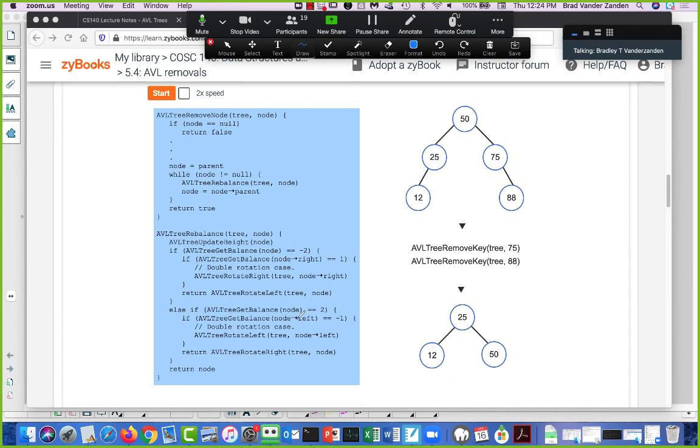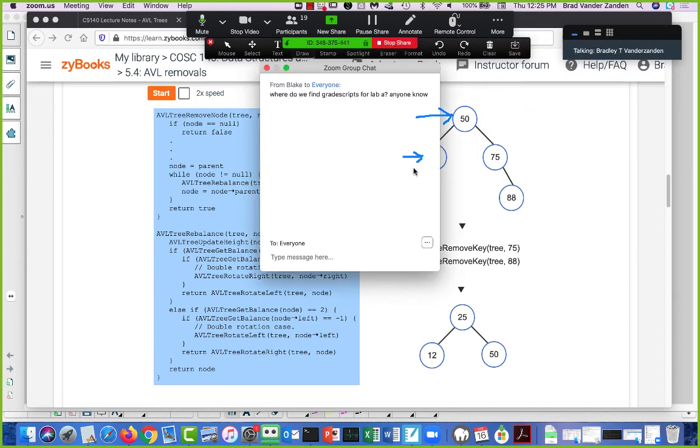He's not keeping track of balance factors, but I certainly think it's fine to keep track of balance factors. Remember that when he does his rotates, he's rotating about a node. So if he's going to rotate about 25, he's going to pass in 25 as his node, but the book will be passing in the parent of 25. So you're going to have to do some adjustments.